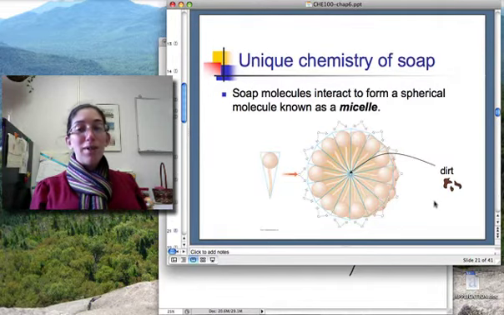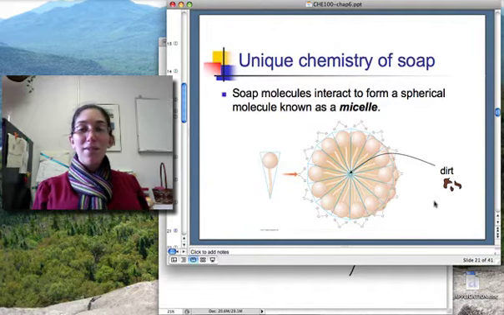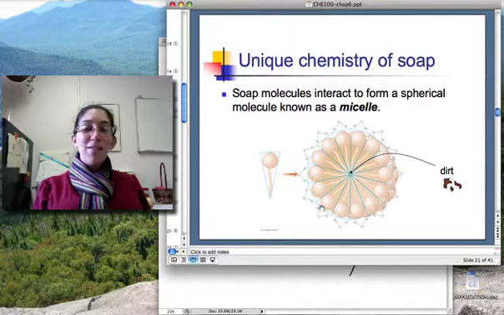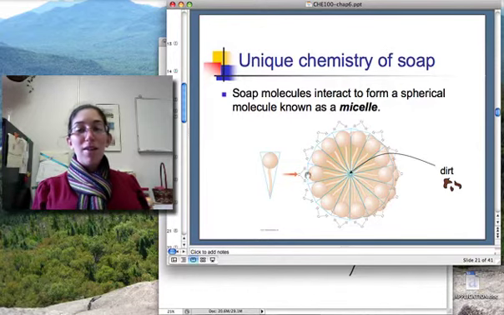Well, it's very cool actually. Soap forms what are called micelles in water. It forms a sphere where all of the hydrophilic head groups are on the outside and all the hydrophobic tails are on the inside. So this is the nonpolar inside of the sphere and the polar outside of the sphere.